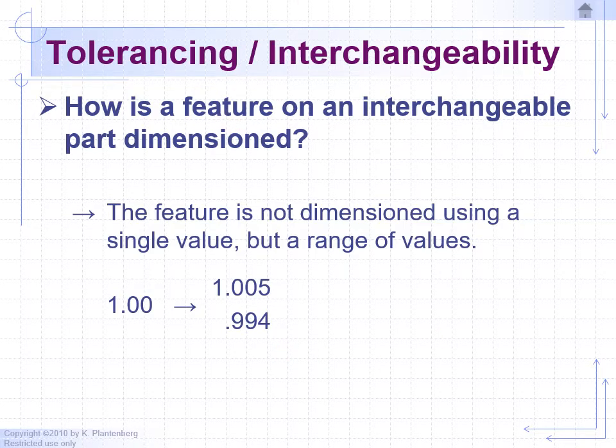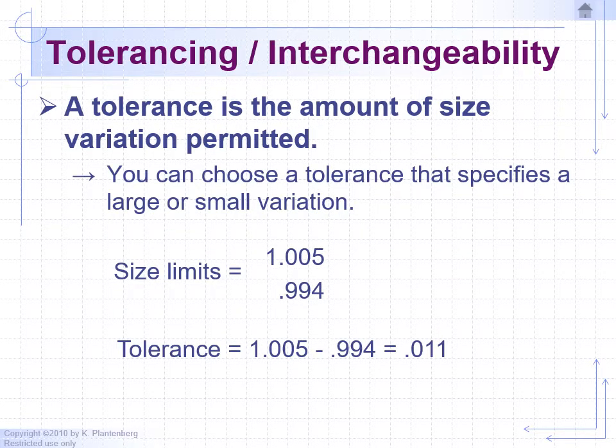Next slide. A tolerance is the amount of size variation permitted. You can choose a tolerance that specifies a large or small variation. So once again, going to the previous example, you're telling the machine shop, I want a diameter of 1.005 to 0.994 inches. Anything in between will also work, as long as it doesn't go beyond 1.005 or below 0.994 inches in diameter. So the tolerance is the difference.